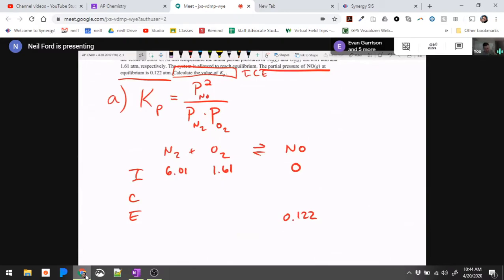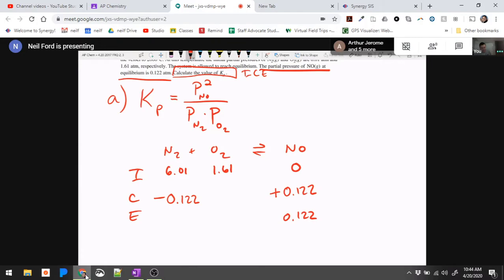So how'd they go from 0 to 0.122? I had to add 0.122, right? And to get that stoichiometrically, what had to happen to the nitrogen? Subtract. Does that make sense?